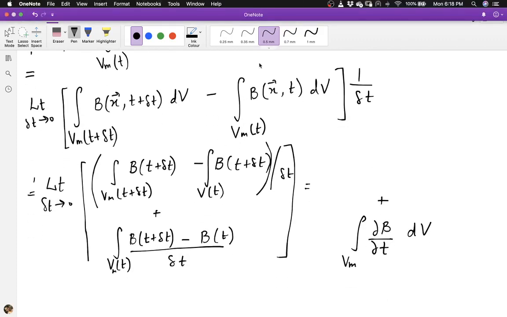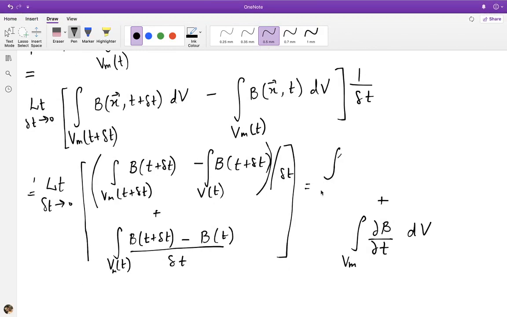Right, so the first term can be written as the integral over the area of the material volume at time t of b at t plus delta t, times the distance by which the area has shifted, which as we calculated was v dot n delta t dA. There's a 1 over delta t coming from here.